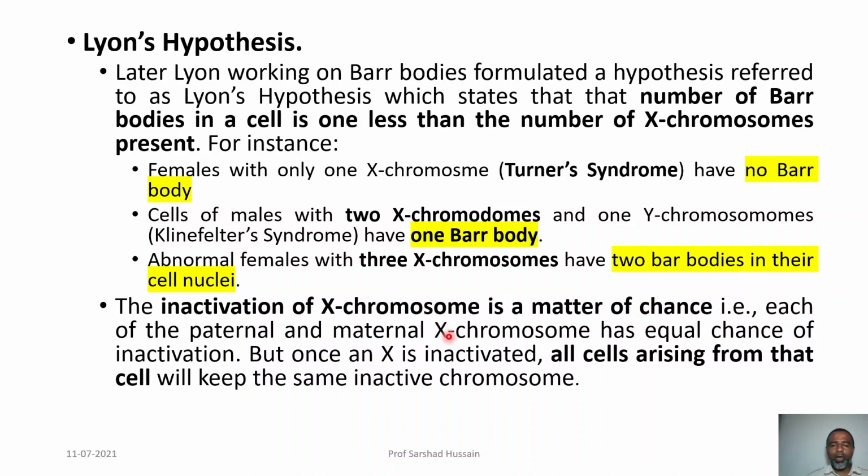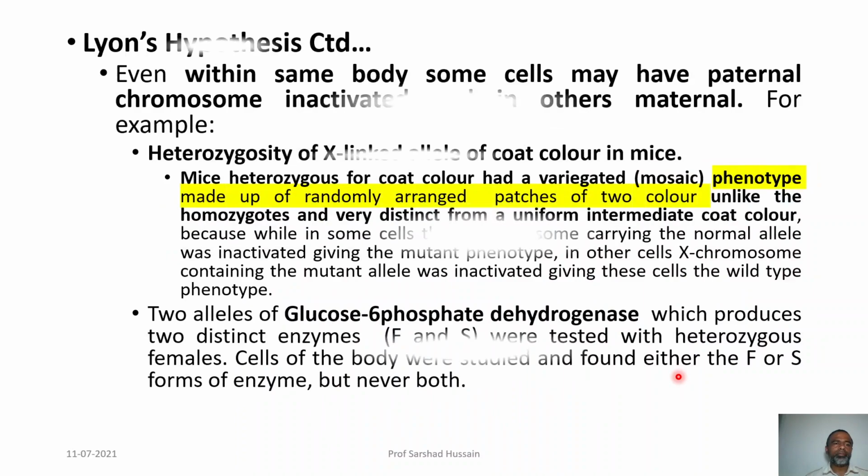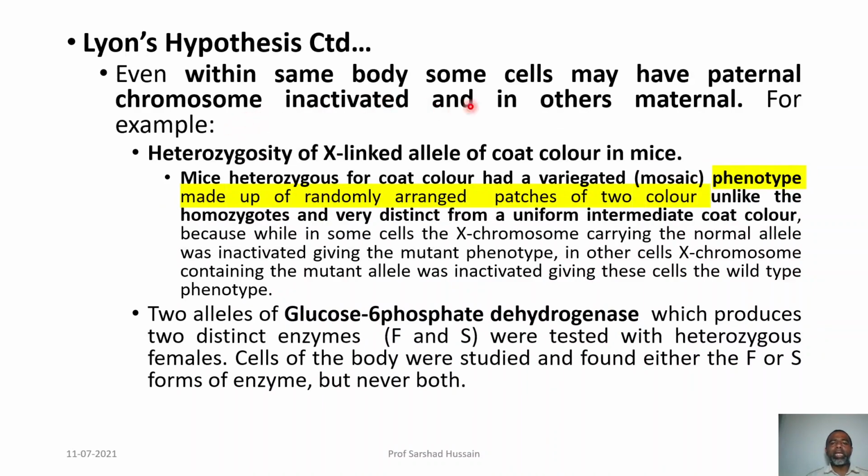But once any of the X chromosomes, whether maternal or paternal, is inactivated, then after division of that cell, all the cells which will be produced will have the same X chromosome inactivated. Even within the same body, some cells may have the paternal chromosome inactivated and others the maternal.